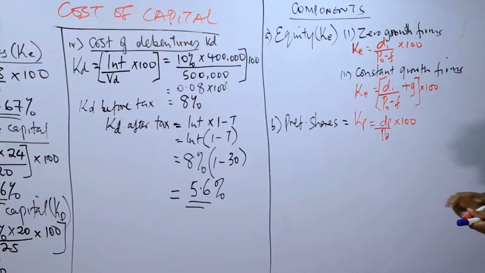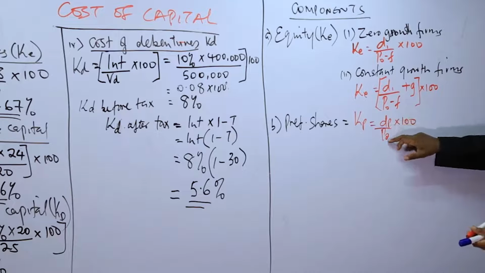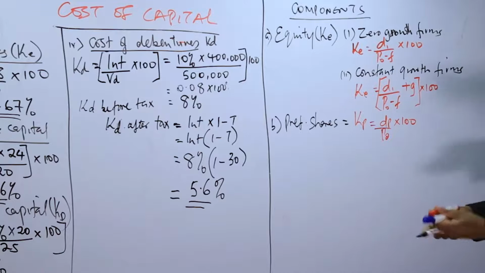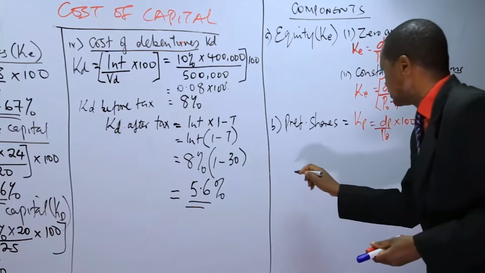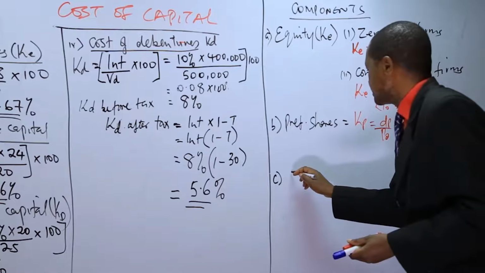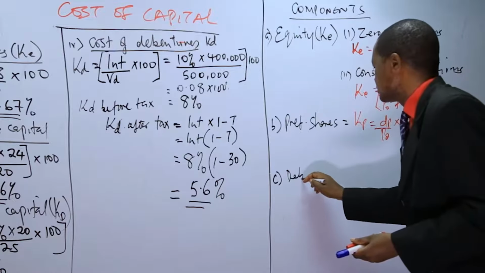So it is simple. Take the dividend per share, divide with the market price per share, multiply by 100. Then the third component that we have discussed today is the cost of debt or debentures.